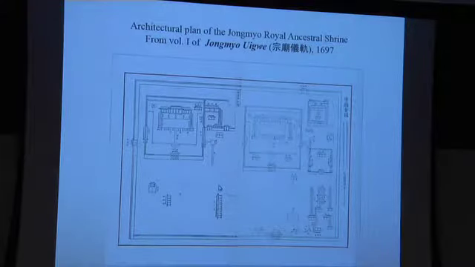But Chongmyo Uyghur is different from other Uyghurs in that it's not a record of one particular event, but it explains how Chongmyo building evolved over the years and what kind of rules were applied to who stays in the main hall and whose spirit tablets will be moved to another building called Yeongnyeongjeon. And so there is no 반차도. It's a kind of history of Chongmyo, institution of history.